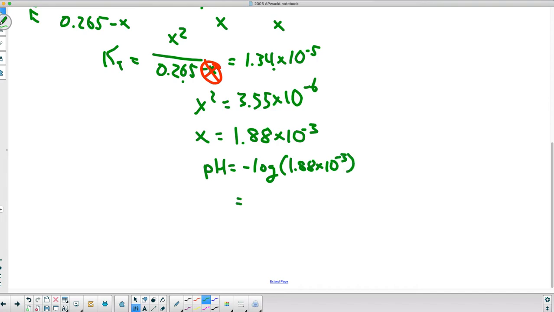So pH then equals 2.725. Okay, that's it.